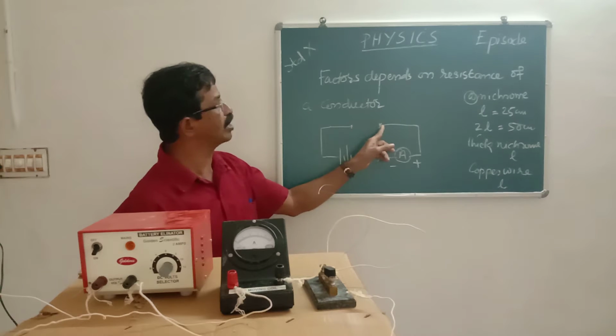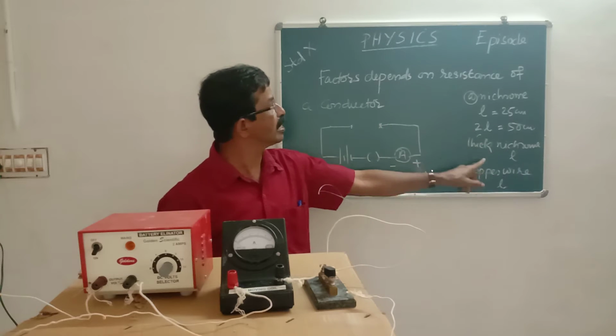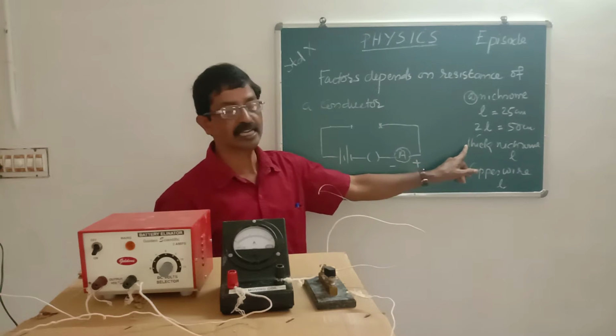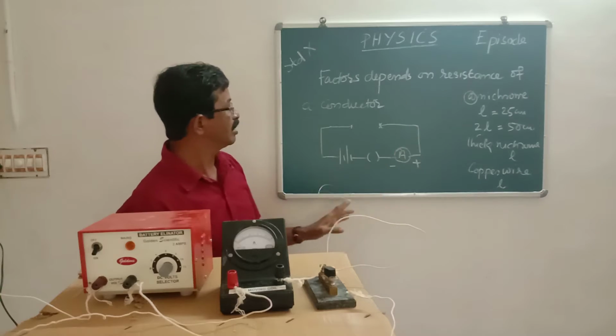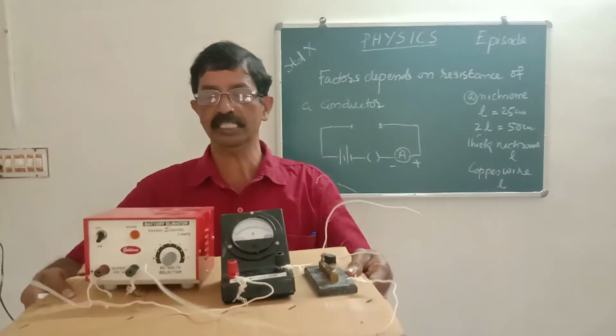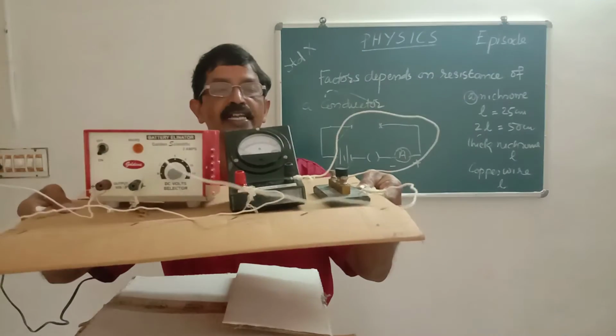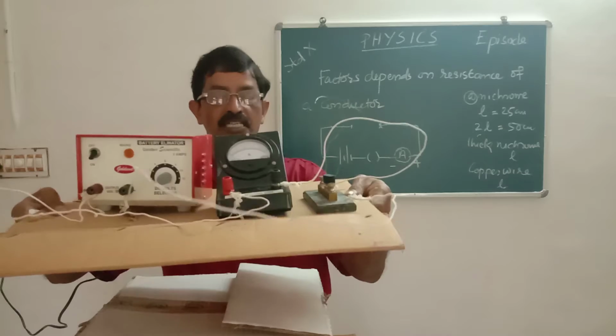Here we are going to connect a nichrome wire, a copper wire, a thicker nichrome wire, etc. You can see the circuit: battery eliminator, ammeter, and also a switch.